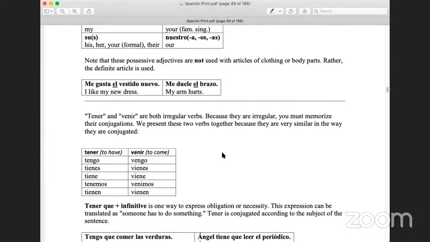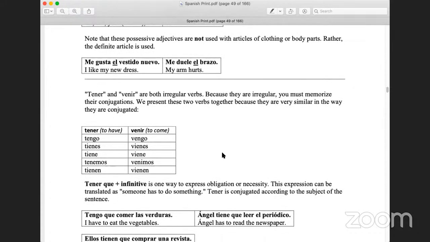Note that these possessive adjectives are not used with articles of clothing or body parts. Rather, the definite article is used. Me gusta means I like. Me gusta el vestido nuevo. I like my new dress.